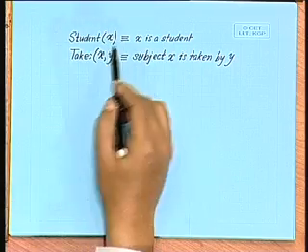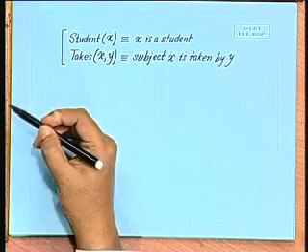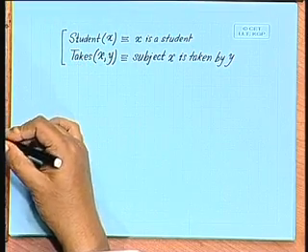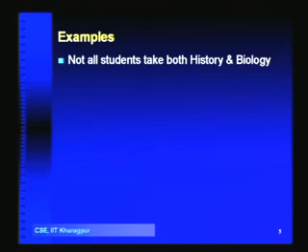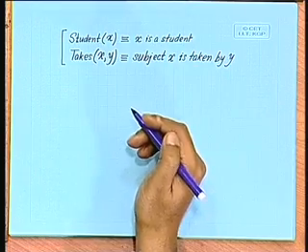So, now if we have these two predicates and what we wanted to express was that not all students take both history and biology, right. So, there are many ways to write this statement. One is that we first try to write that all students take history and biology and then negate that, right.